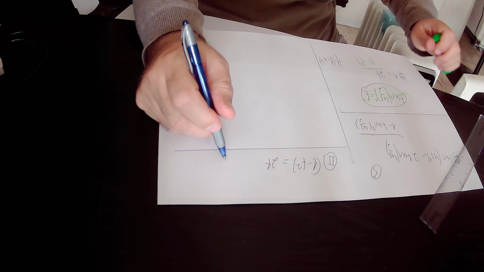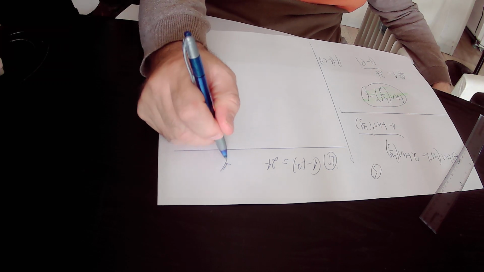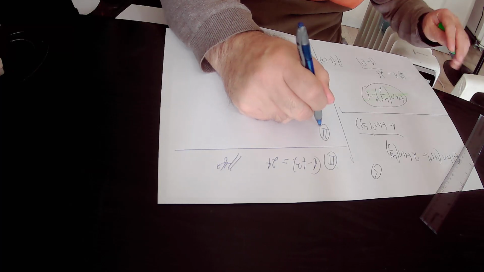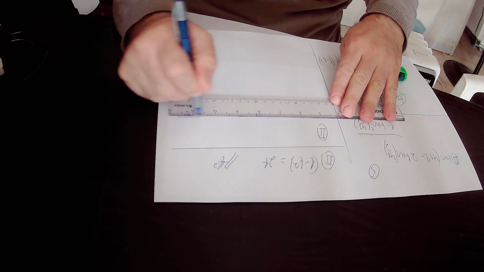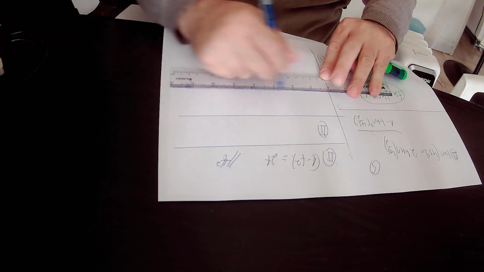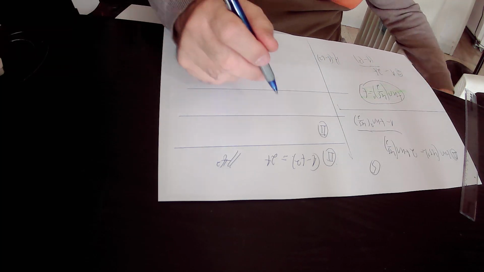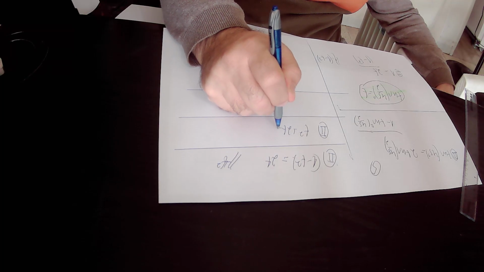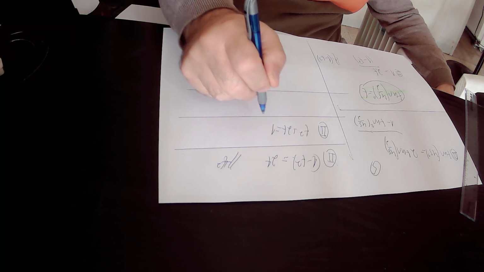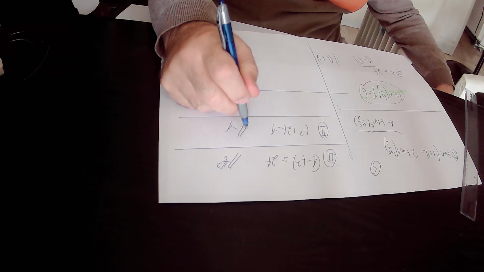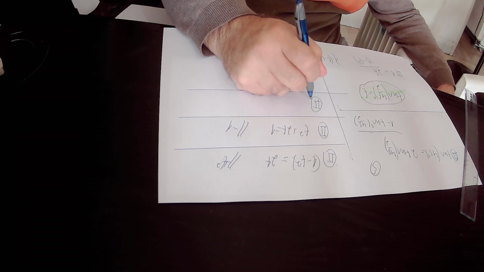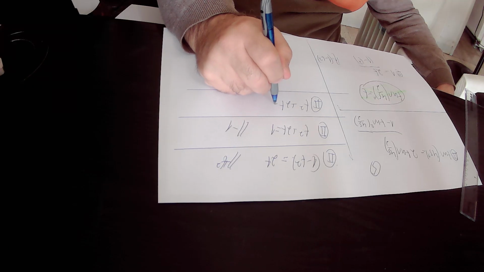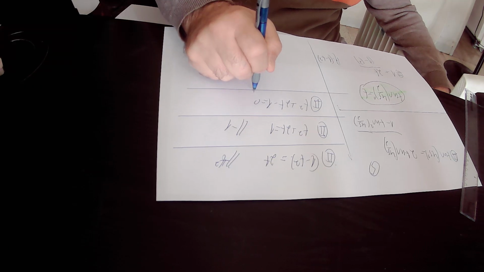Here we add t squared to this equation, and we get that t squared plus 2t equals 1. Here we subtract 1 from this equation, and finally we get that t squared plus 2t minus 1 equals 0.